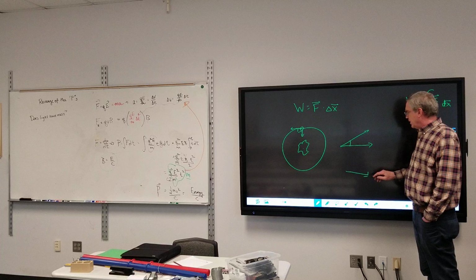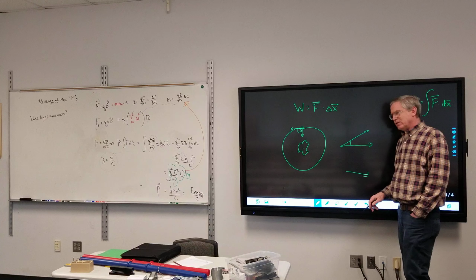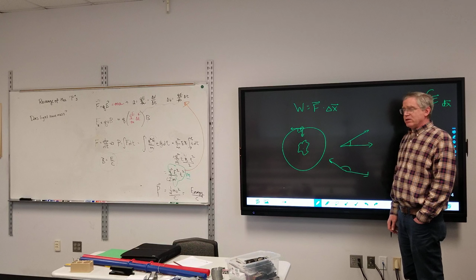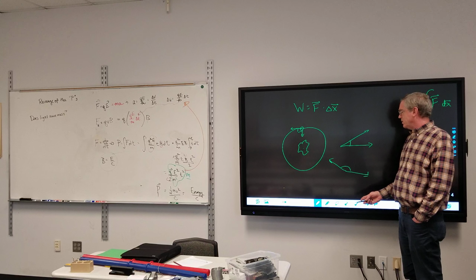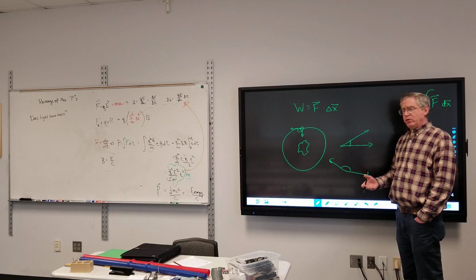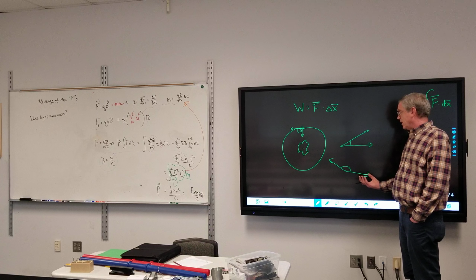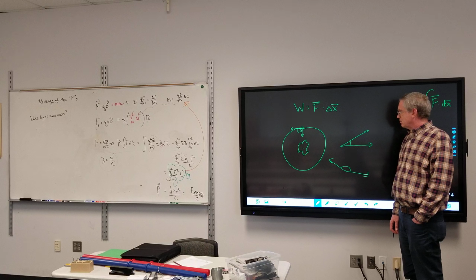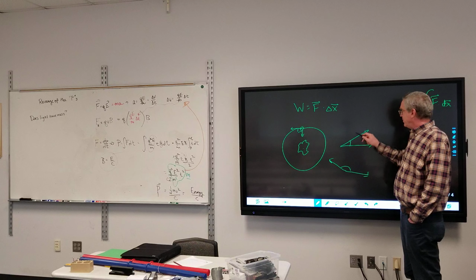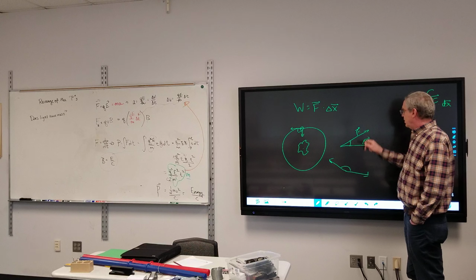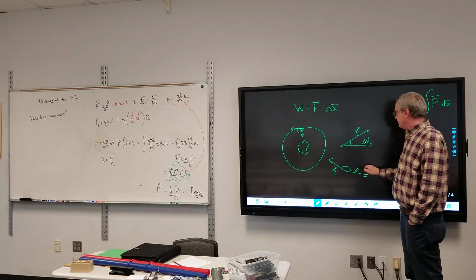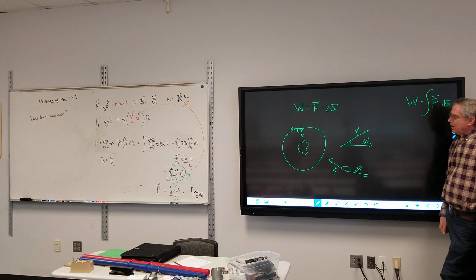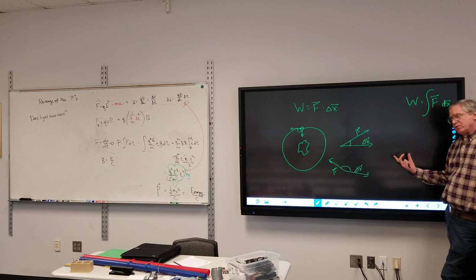If the angle is bigger than 90 degrees and less than or equal to 180 degrees, part of the force is opposing the motion, and so you're going to get negative work done. The first case would cause an object to speed up; the second would cause an object to slow down. In both cases, it would also cause a change in direction.